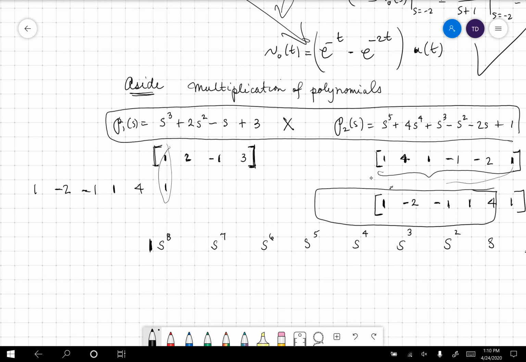That's the first one. Now take this whole grouping and slide it over by 1 unit. 2 times 1 is 2, plus 1 times 4 is 4. 4 plus 2 is 6, so 6s to the 7th power. Slide it again. That's going to look like 1, 4, 1, and then you won't see the rest of them, so I won't bother with the rest.